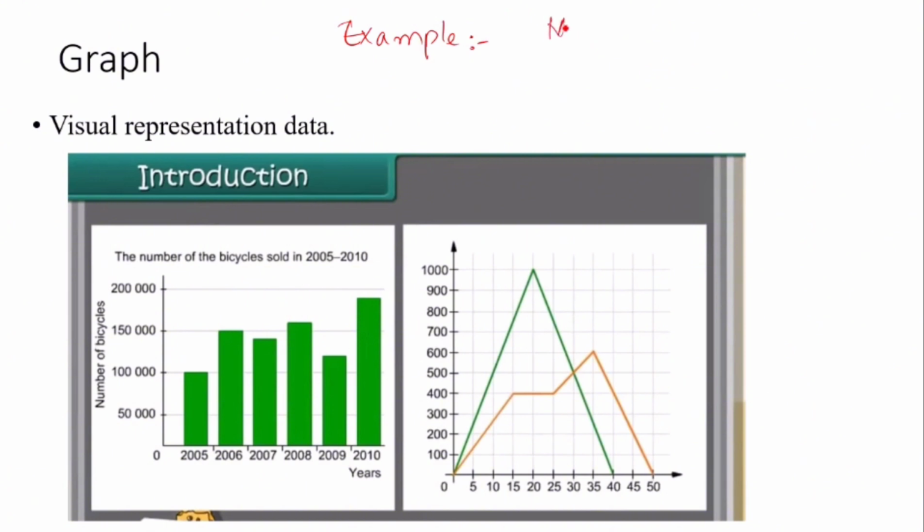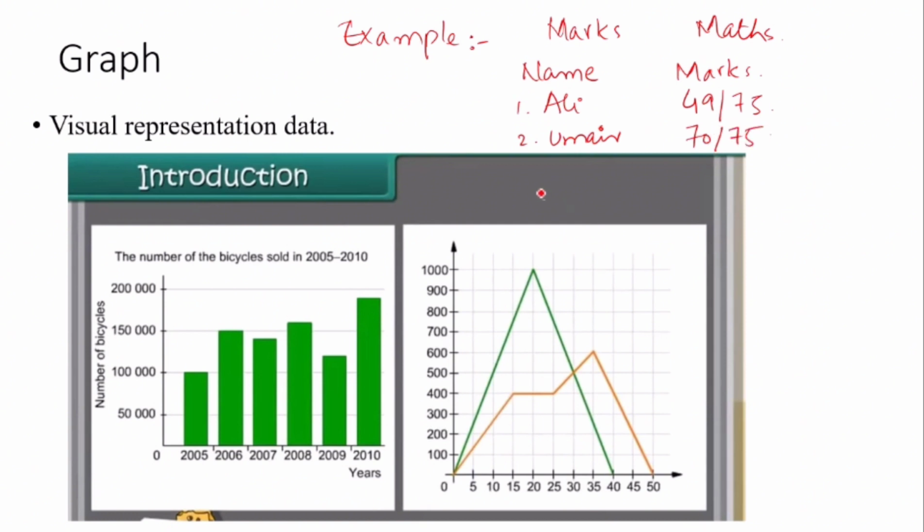Like we have marks in the subject mathematics, and we have two things: the name of the student and their marks. So say Ali got 49 marks out of 75 and Omer got 70 marks out of 75.